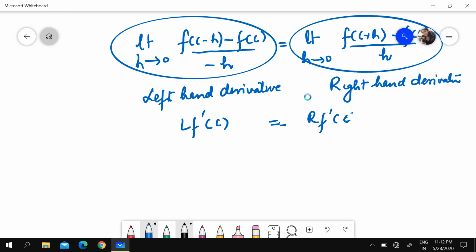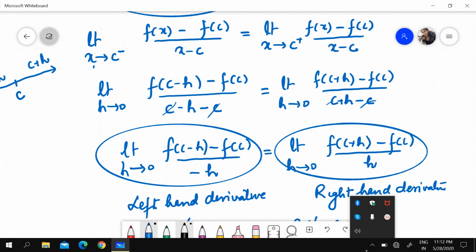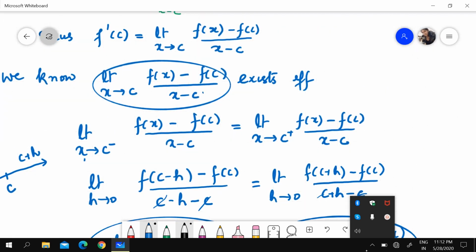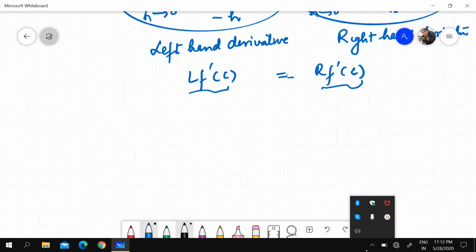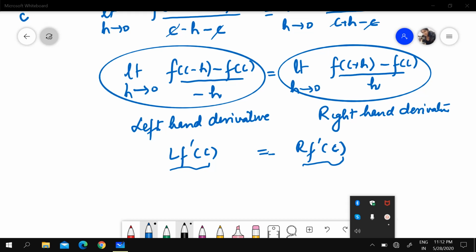That means a function is differentiable if the left hand derivative is equal to the right hand derivative. So if you again look at the expression, this limit exists if the limit as h approaches 0 of (f(c minus h) minus f(c)) upon minus h is equal to (f(c plus h) minus f(c)) upon h.